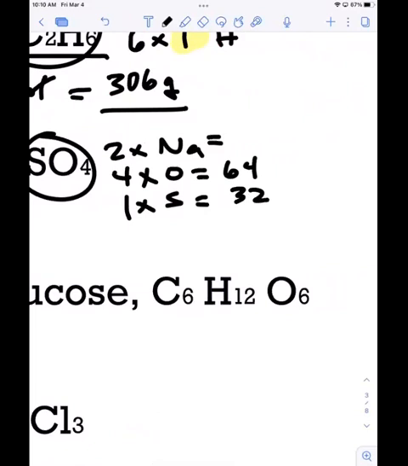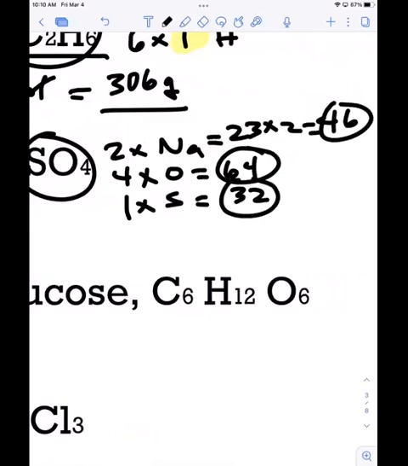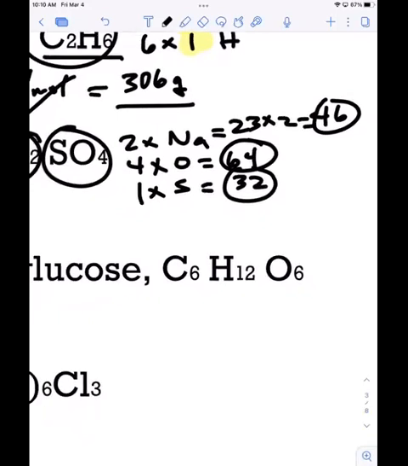Is it 44? No, it's 23. So 2 times that is 46, 64, and 32. So the total molar mass for sodium sulfate would be, what is that? 64. So 140.